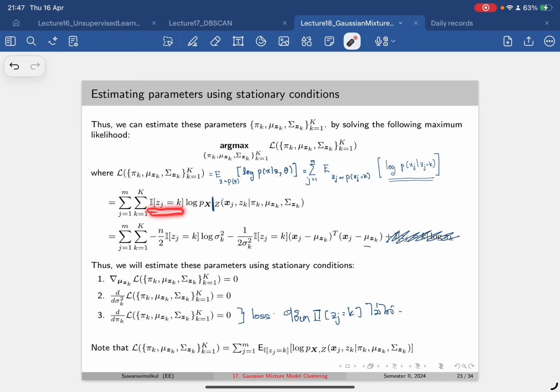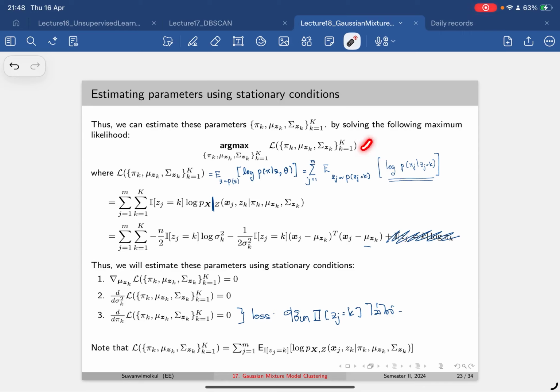It's just because I want to consider the cluster for each data sample. Finally, we take the log over the probability, which is the Gaussian distribution of x given z, and it just turns out to be the log of the covariance and its square root, and the terms related to the exponential power.